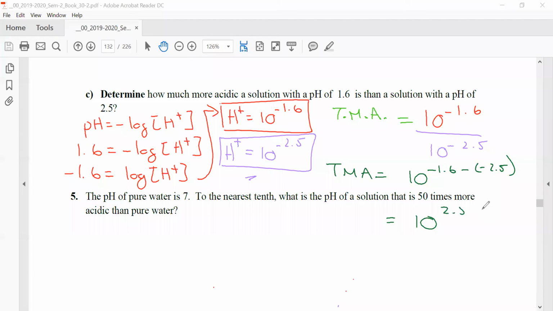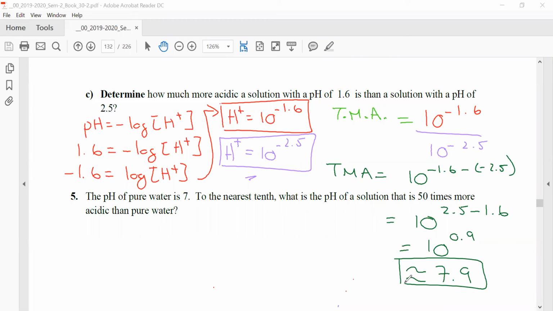So I'm just going to rewrite that. And look, there's our shortcut again: 10 to the power of the bigger minus the smaller. And that's that. This is going to be just a little bit smaller than 10. It's approximately 7.9 times stronger.